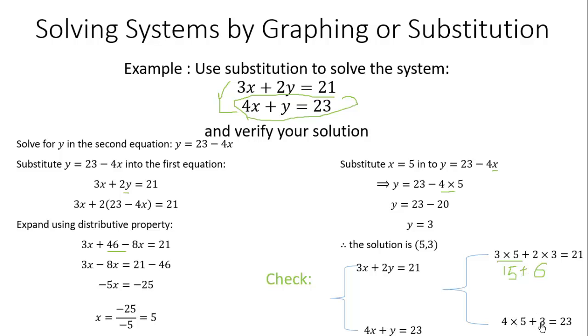Now we need to check the second. 4 times 5 will give you 20. Now 20 plus 3 will be equal to 23. Therefore, (5, 3) is indeed a solution to the given system.